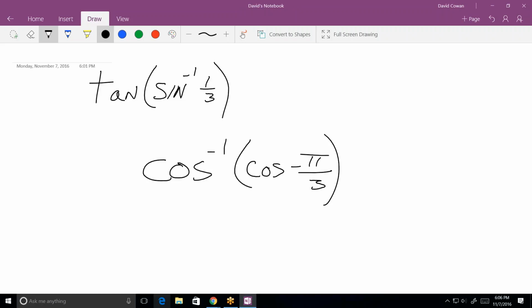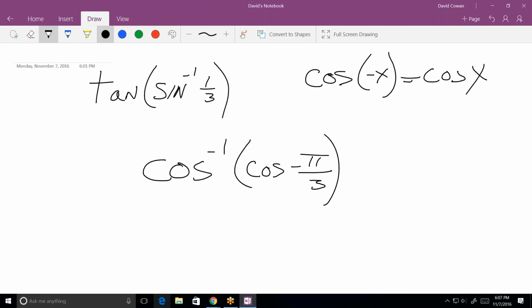We also know something else. We know the cosine of negative x is equal to the cosine of x, right? Yeah. Because it's an even function. Cosine is even, sine and tangent are odd. So the sine of negative x is equal to negative sine of x.